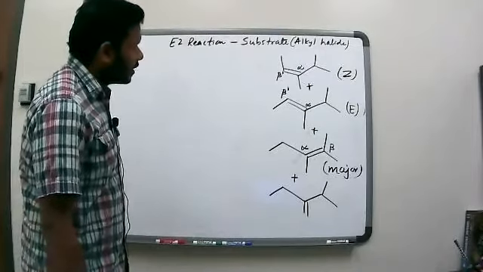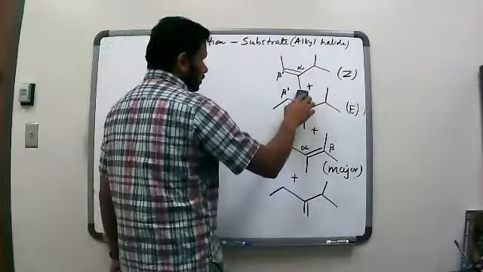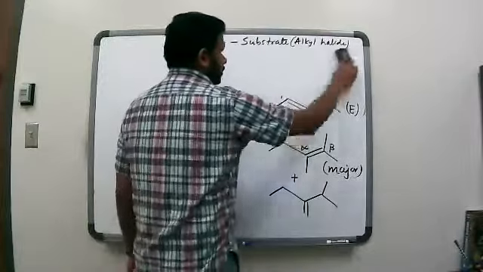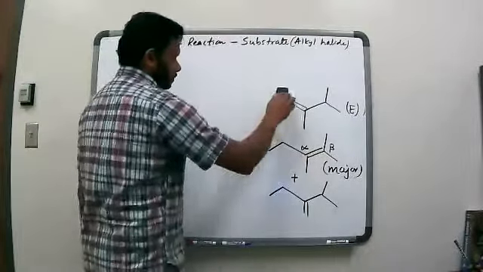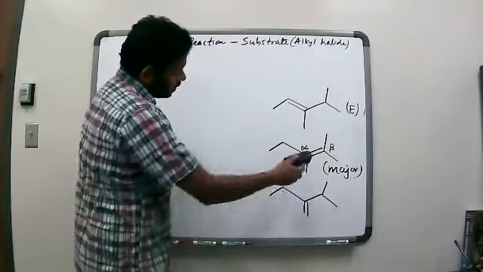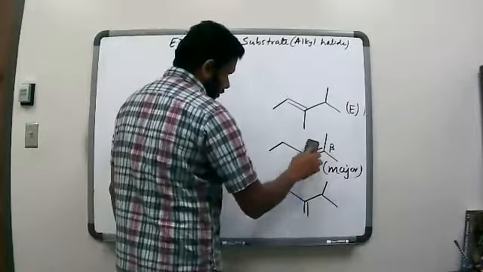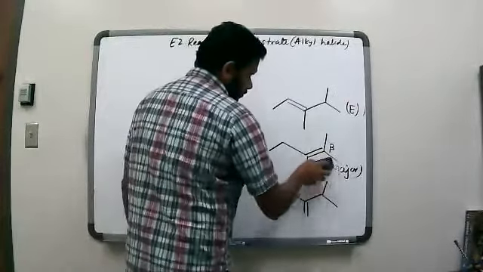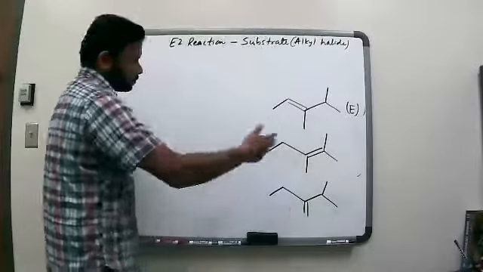I think it doesn't matter. We can go for one of these two. So go for that. And then we can probably do that one, and we can probably do this one also. Okay, so we'll try to name all three of these alkenes.